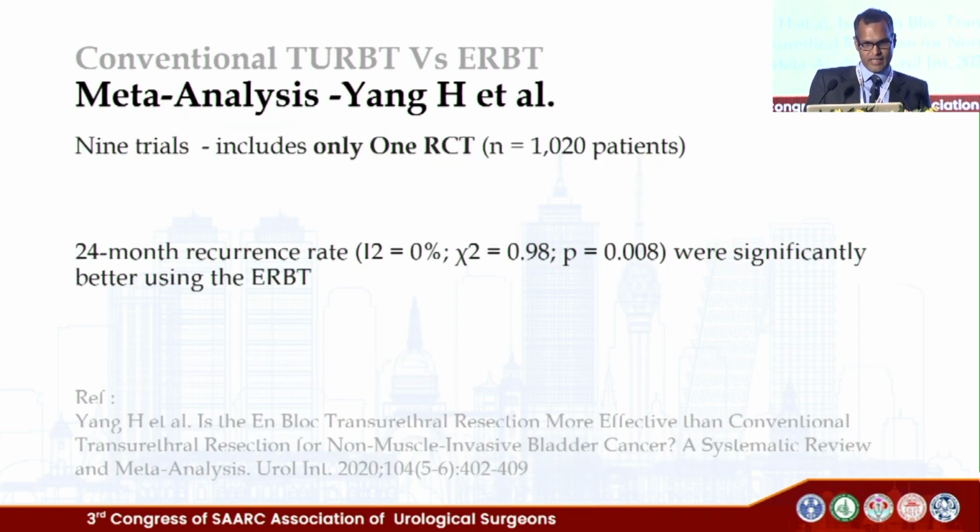But there is a meta-analysis that includes 9 trials, with only 1 randomized controlled trial, that shows a significantly better recurrence rate compared to the conventional TURBT.